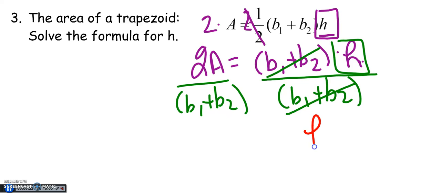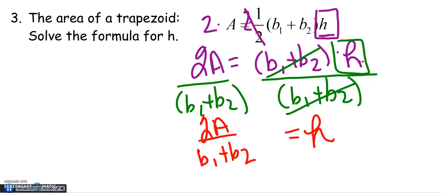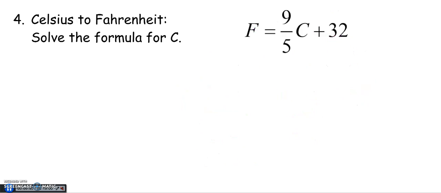On the right side, we have an h. And on the left side, we have 2a over b1 plus b2. So it looks a little strange. We just have to think of if they were numbers, how would we get that piece by itself? So we're using opposite operations each time.